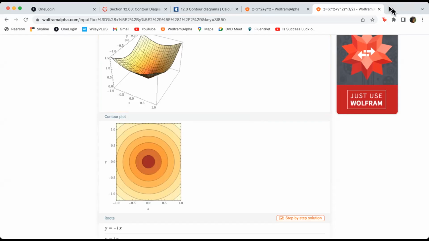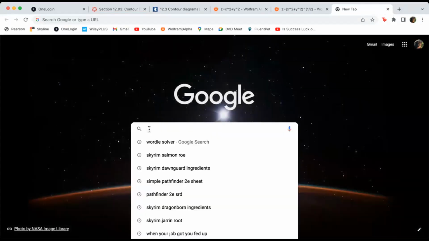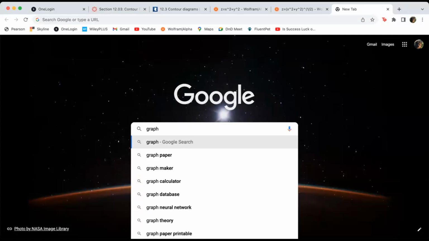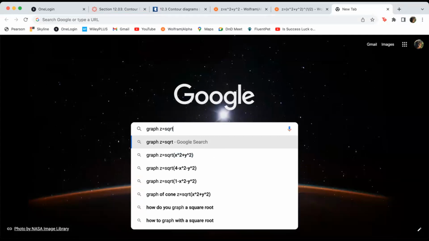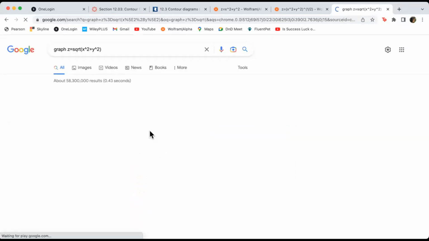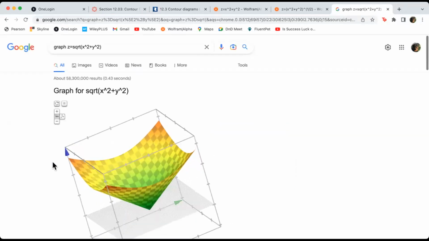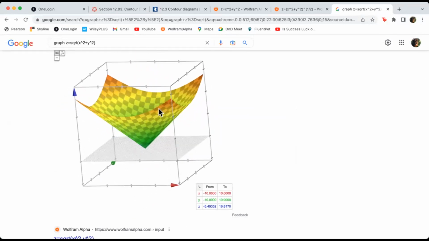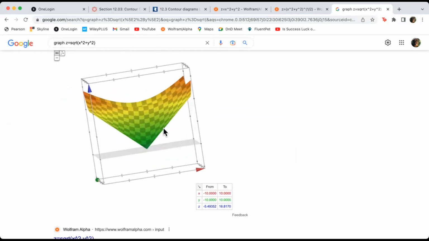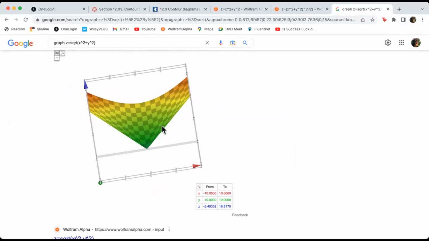Oh, from Google? Google's stealing everything. So it just says graph z equals. Ah, dope. Can you move it? Can you turn it? Twist it?